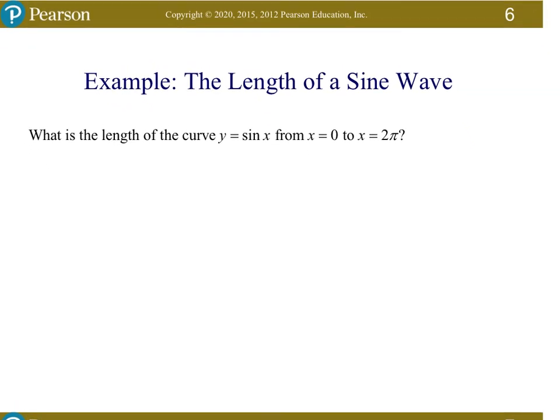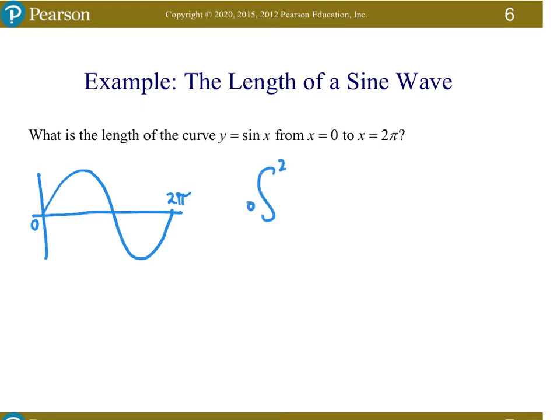All right, how about the length of the curve of a sine wave? Here's our sine wave from 0 to 2 pi. We know that if we just did a straight integral from 0 to 2 pi of sine x dx, that should come out to be 0 because the area above and the area below cancel each other out.